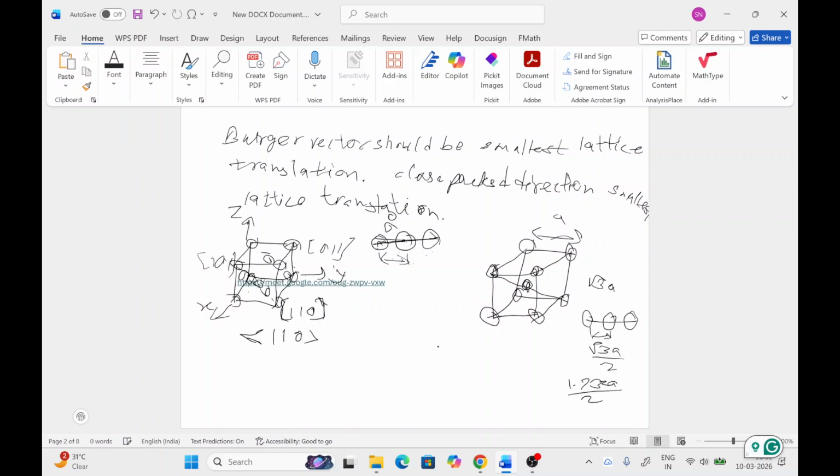So it is less than a. That's why it is the smallest lattice translation, along the body diagonal. So we define the Burgers vector for BCC along the body diagonal.